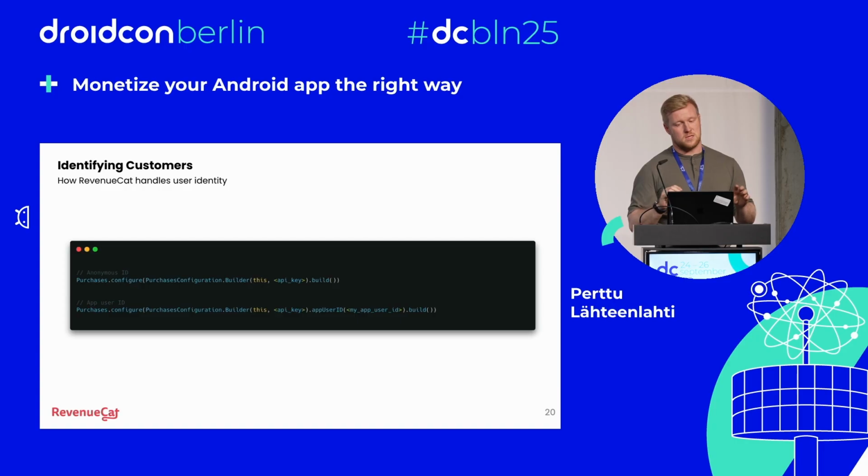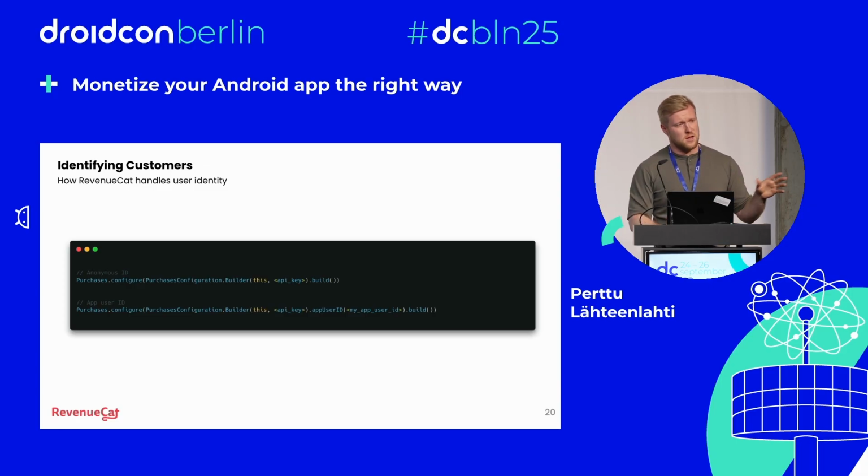And the nice thing about this is that if your user starts using your app, and let's say that at that point you don't have authentication, but you add that later, our SDK is smart enough that when you call it with the new user ID, it knows that, okay, this is actually the same user that was anonymous before, so I'm just going to combine these 2, and now you have data also from the time when you hadn't yet built the authentication or you didn't know who the customer was.